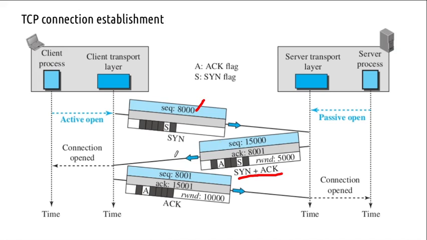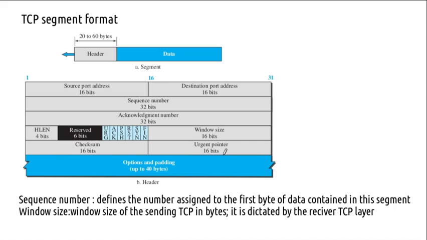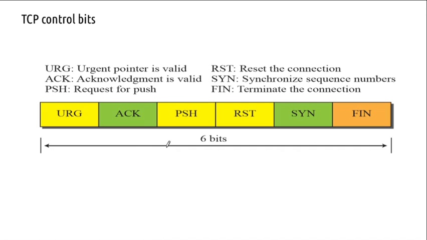And here one more thing is set. The server side process is also choosing a random sequence number for its segment as 15,000. Again, there is a receive window, that is RWND. We had this in the TCP header format.